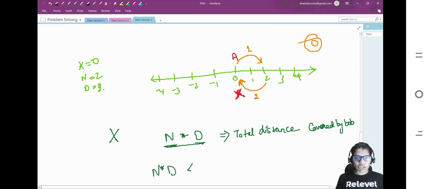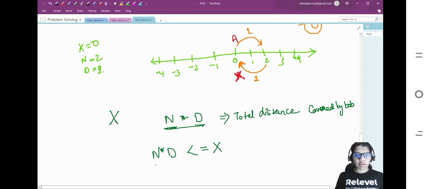Now, if this total distance n into d is smaller than or equal to x, then we can say that in that particular case, Bob would not be able to reach near. So in that case, Bob would not be able to reach till 0, right?